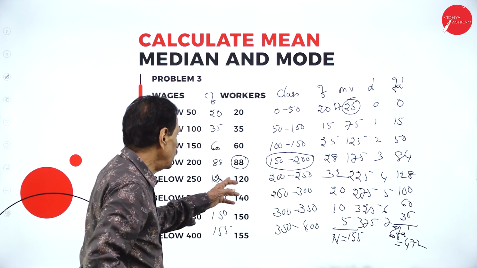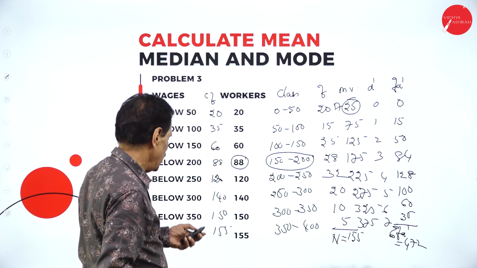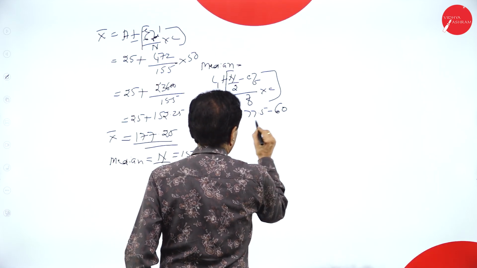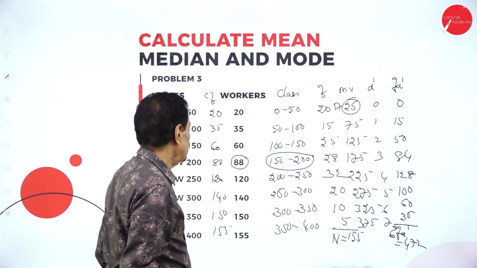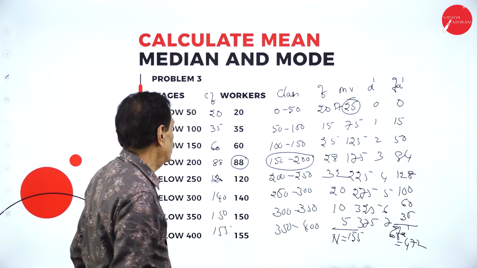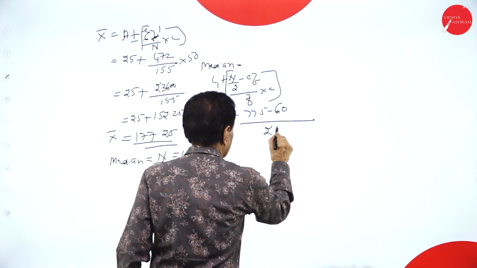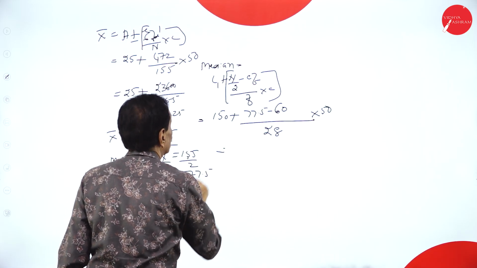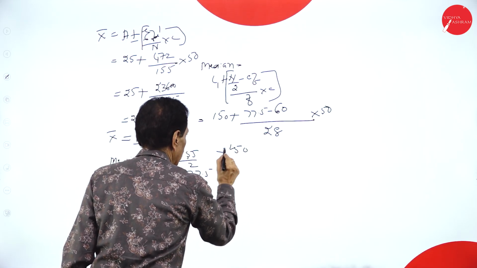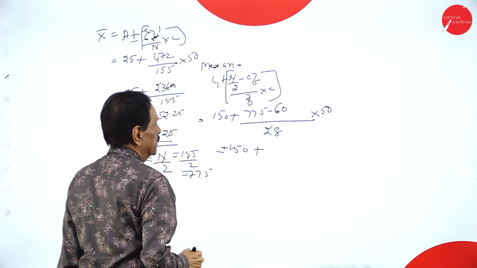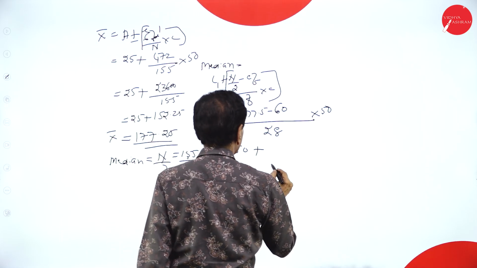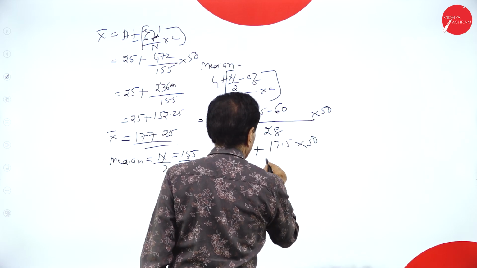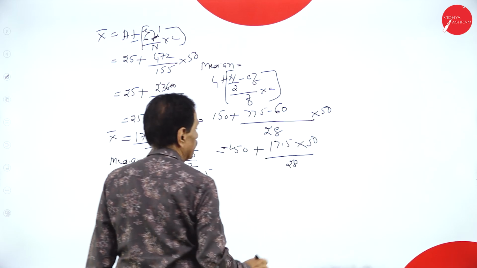Behind, which range you have selected? Behind is 60, divided by the frequency of your group, 28, into 50. This is 150 plus 77.5 minus 60 is 17.5 into 50 divided by 28.